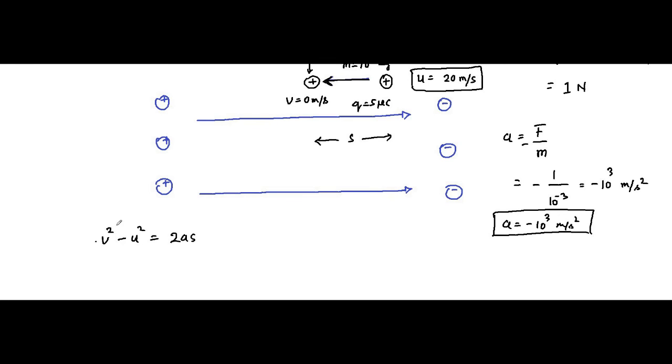So this becomes minus 20 square is equal to 2 into minus 10 to the power 3 meter per second square into s.